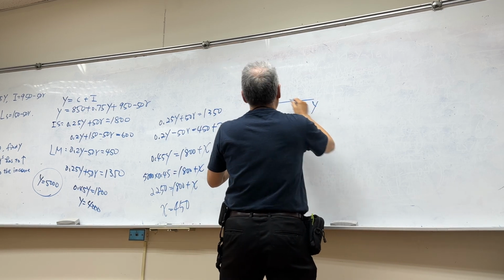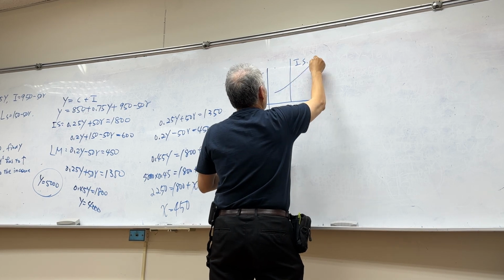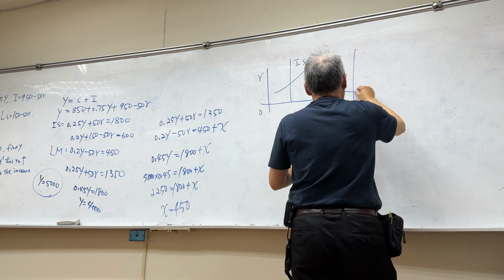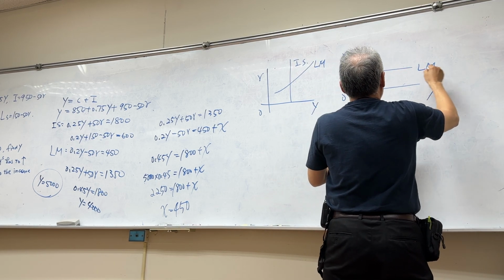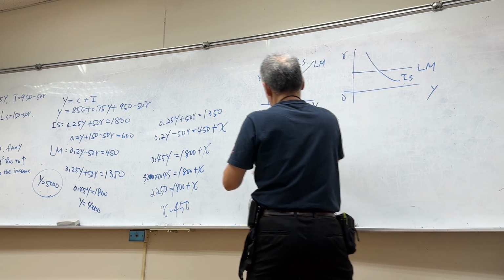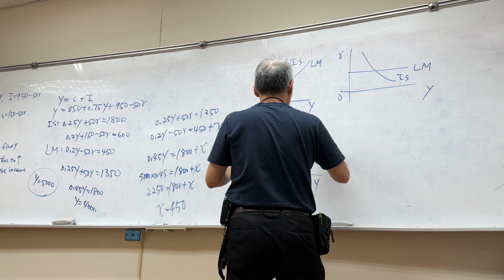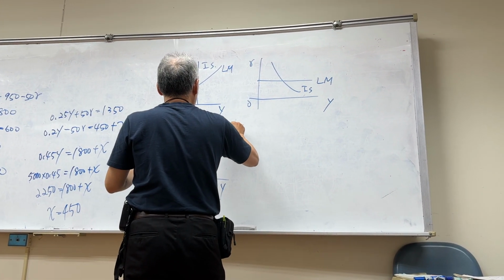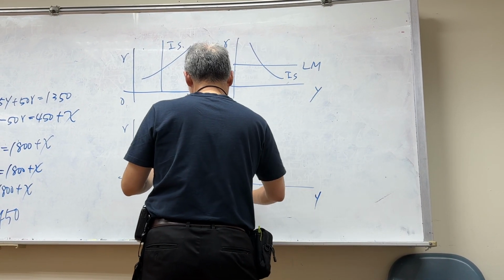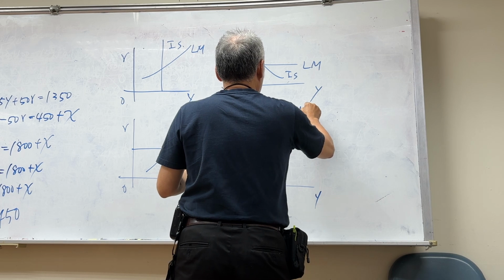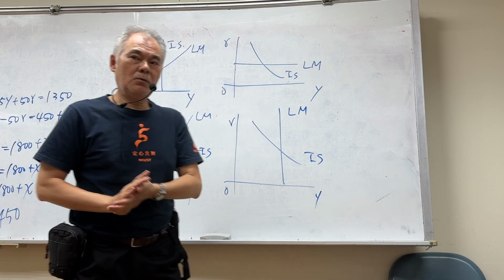We have Y, R, IS curve, LM curve, and then you have Y, R, LM curve, IS curve. Here again, Y, R, IS curve, LM curve, Y, R. Okay, so what's going on here?